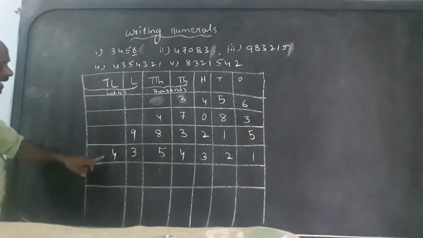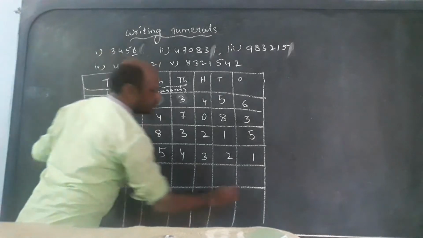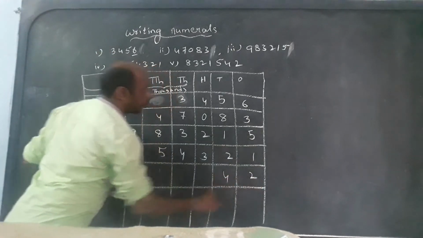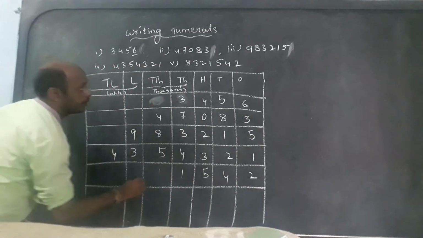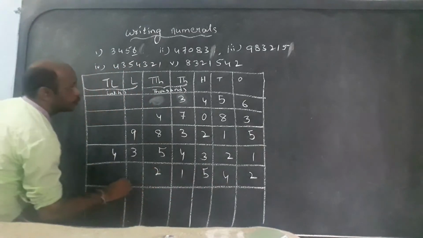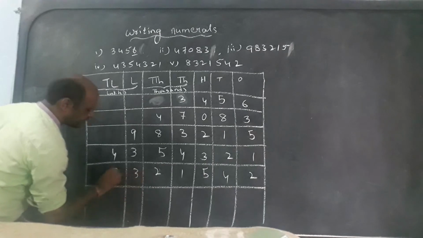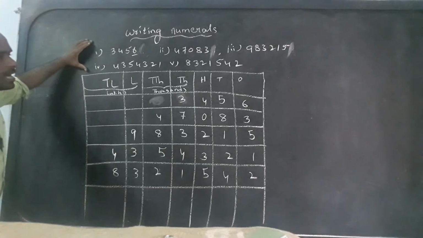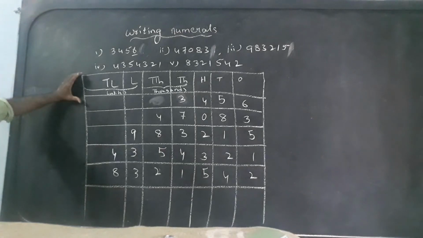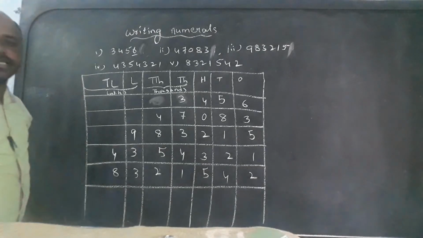Till here, 10 lakhs came. Now 4 is in the 10 lakhs place. Again, fifth one: 2, 4, 5, 1, 2, 3 and 8. Listen, whatever numbers are given, we arrange according to the Indian place value system.